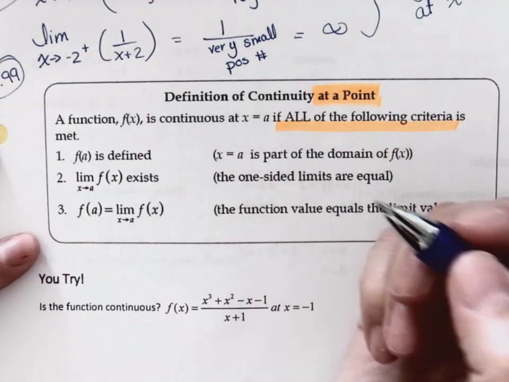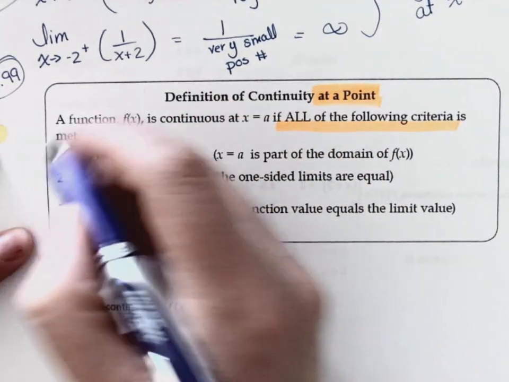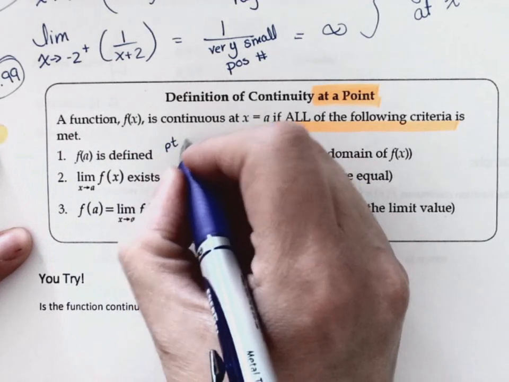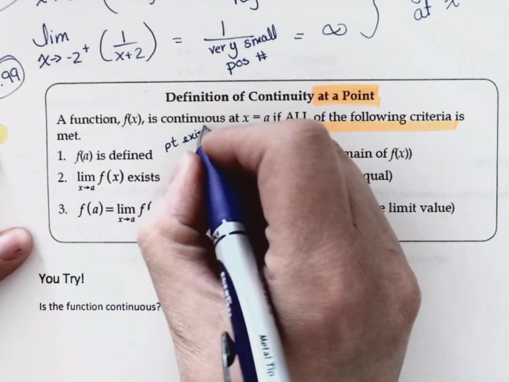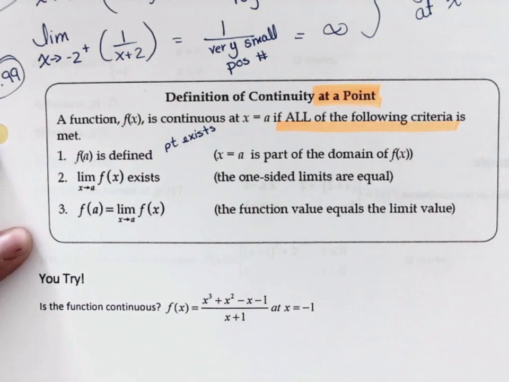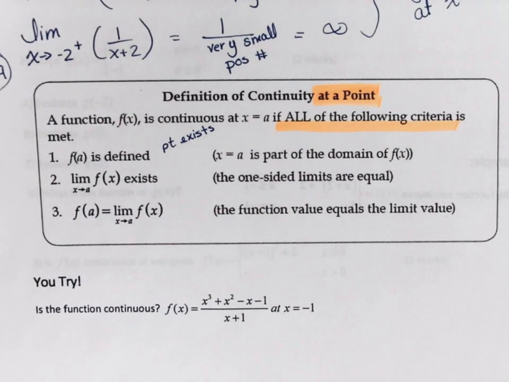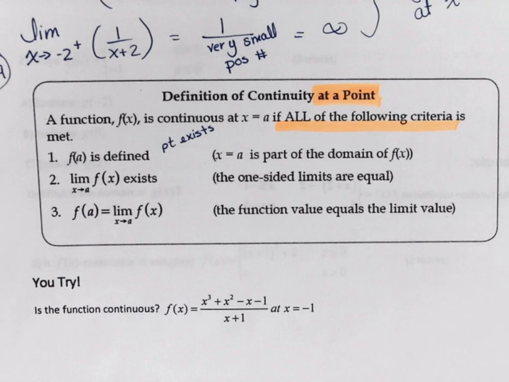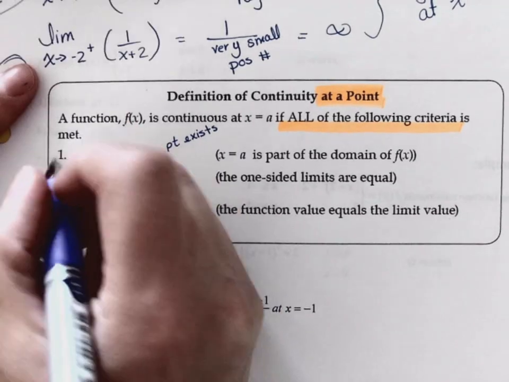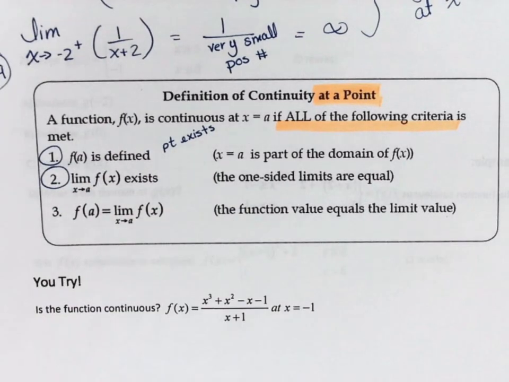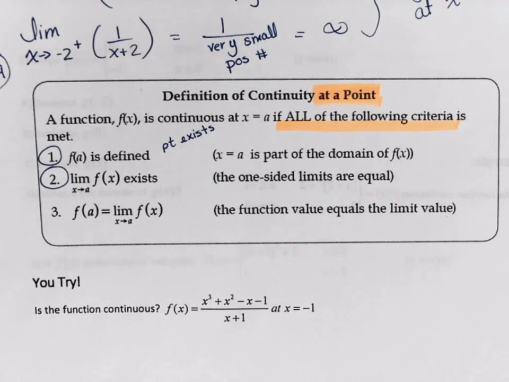The point has to exist on the graph. That's step one. The limit exists. We have to be able to calculate the limit. And 1 and 2 have to be the same number. So in order for it to be continuous, the point has to exist, the limit has to exist, and they have to be the same thing.